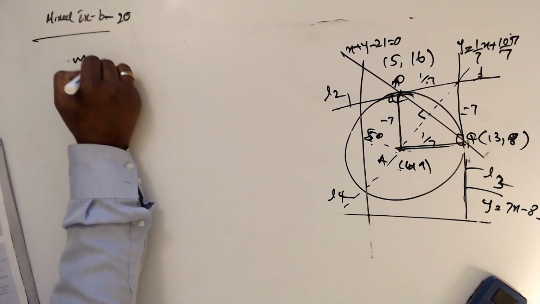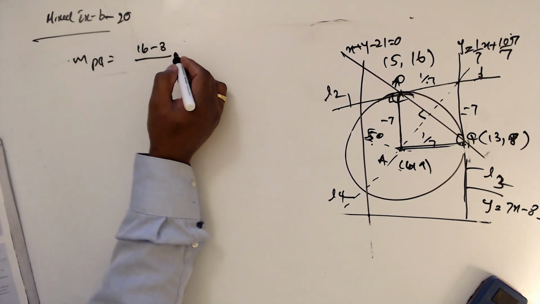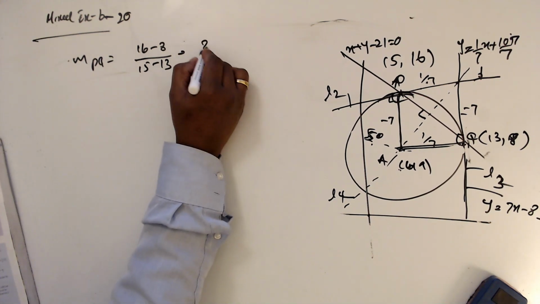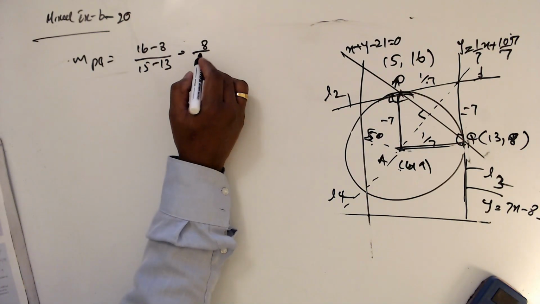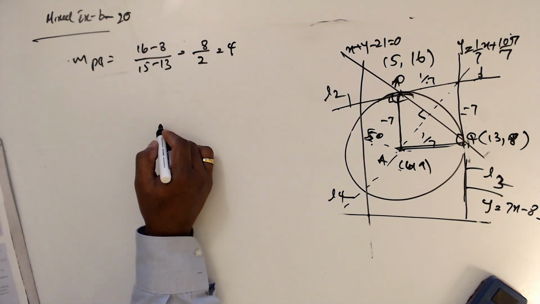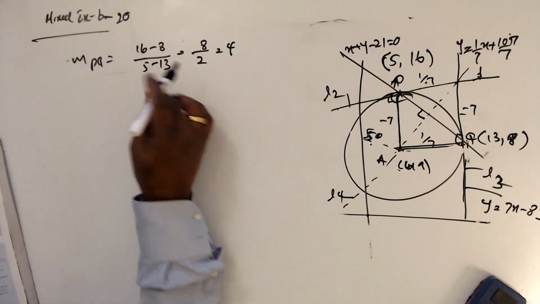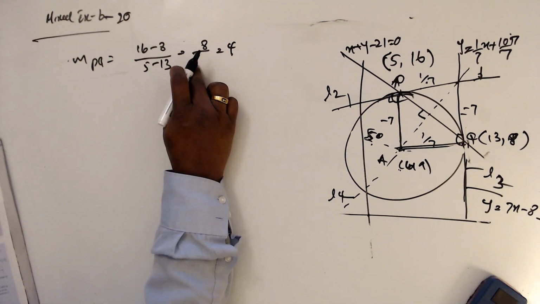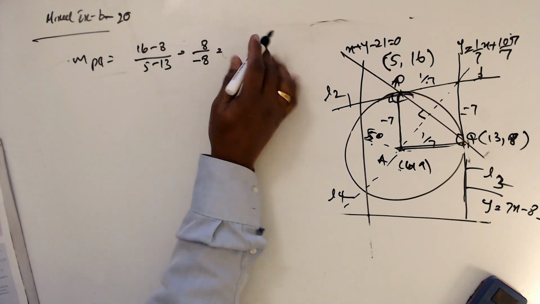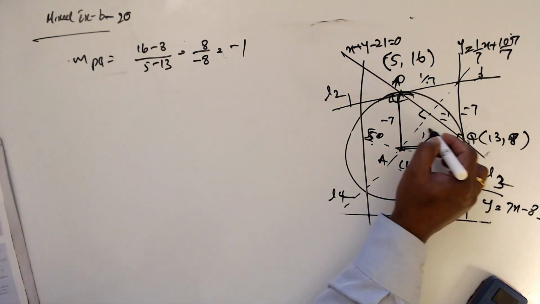So the gradient of PQ is 16 minus 8 over 15 minus 13. This is going to be 8 over 2, which is 4. Sorry, this is not 15, this is 5. 5 minus 3, and this is going to be minus 8, so it's minus 1. So this gradient is minus 1, which means the other is 1.